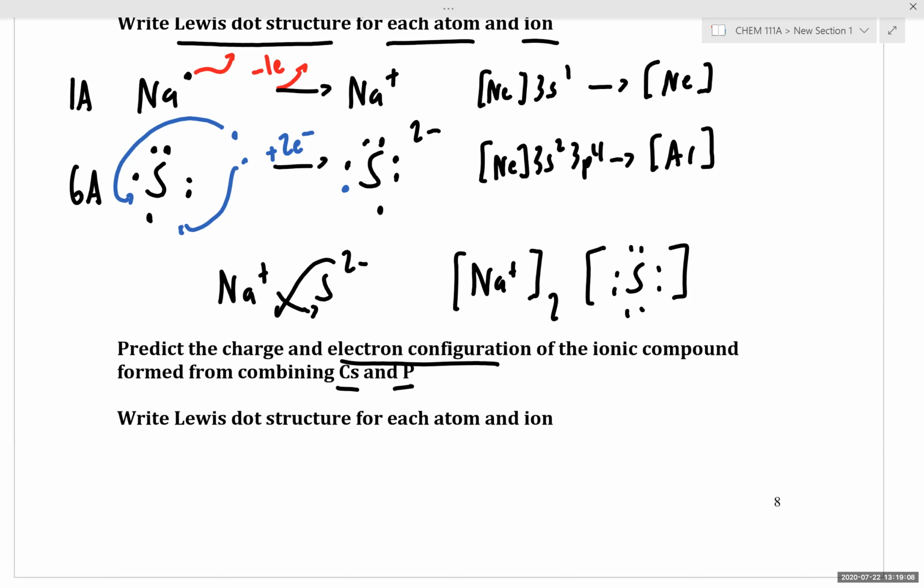Don't be shy to submit your response in the chat for the preferred charge of each ion and the formula of the ionic compound generated by reacting cesium and phosphorus.